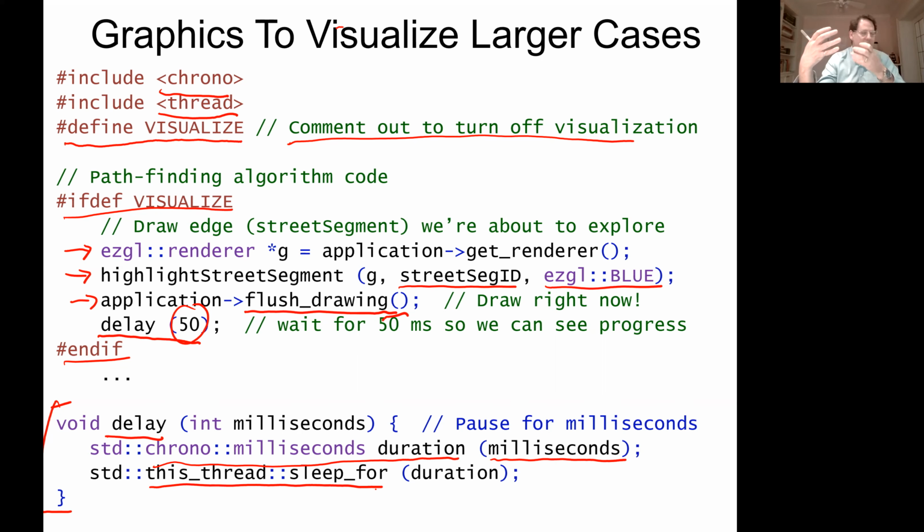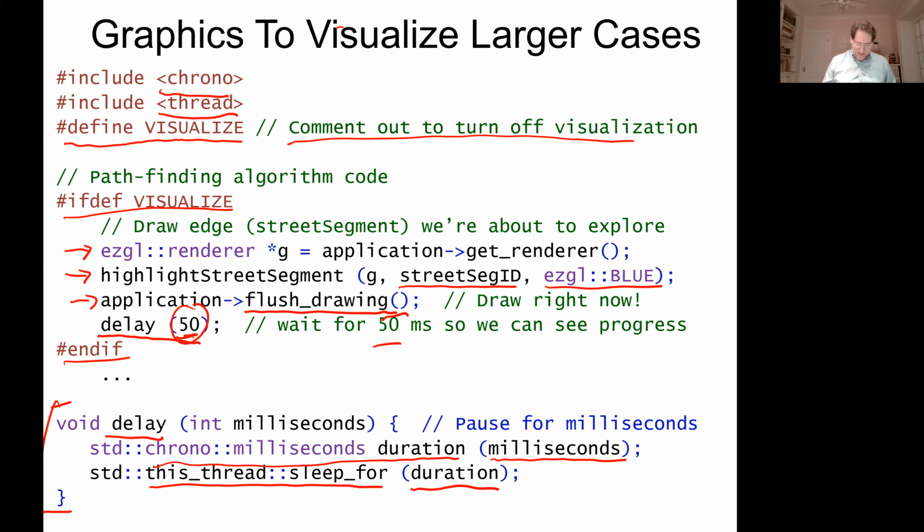The program that you've written so far, for almost all of you, is single threaded, meaning there's just one thread that is what your program is doing. We say go to sleep for 50 milliseconds, which means just don't do anything for 50 milliseconds. The operating system won't give you any CPU time. You'll just sit there. And that is enough to slow down the graphics so we can see what's going on.